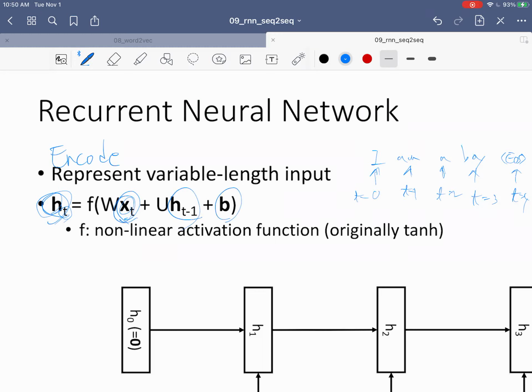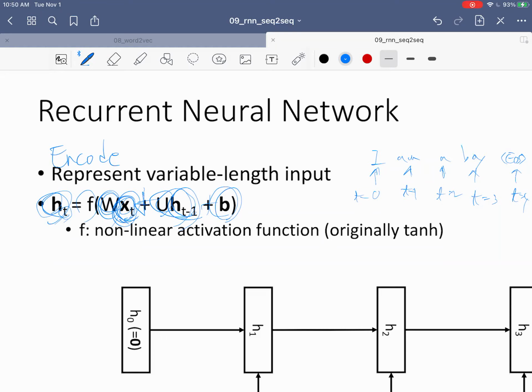It's a very simple concept. You put in your input and linearly transform it, then you take your previous hidden layer, or previous memory, and linearly transform it, so that becomes another component. You add those two plus the bias, and then you apply a nonlinear activation function. Usually it's tanh. So that's it.